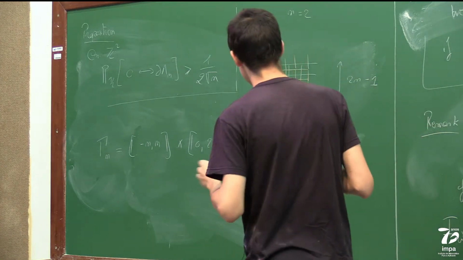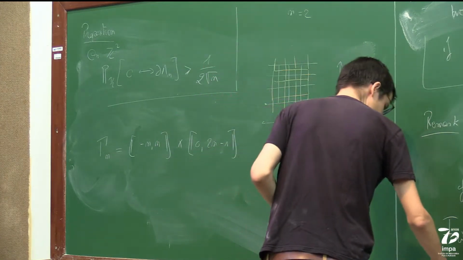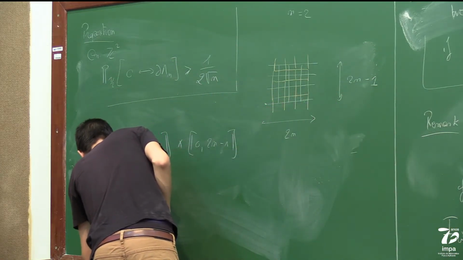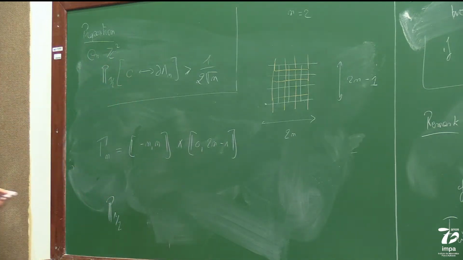So what we saw last time is that because of this self-dual property, the probability of having a crossing from left to right in gamma n was exactly 1/2.